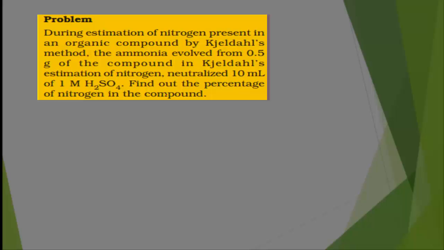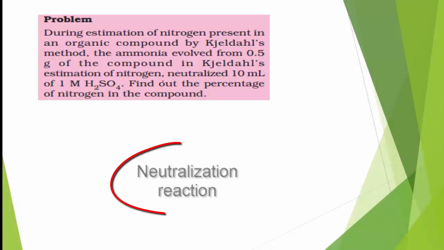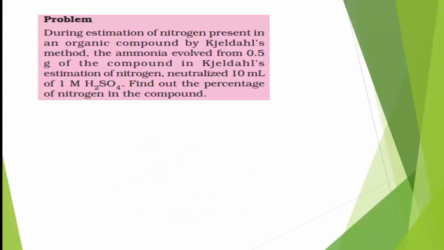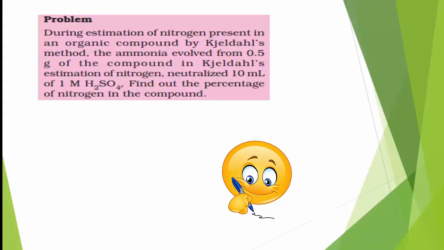Here you have to use the neutralization reaction and find the amount of ammonia gas involved in the reaction. From there you can find how much nitrogen was present, and then the percentage composition. So try it for yourself.